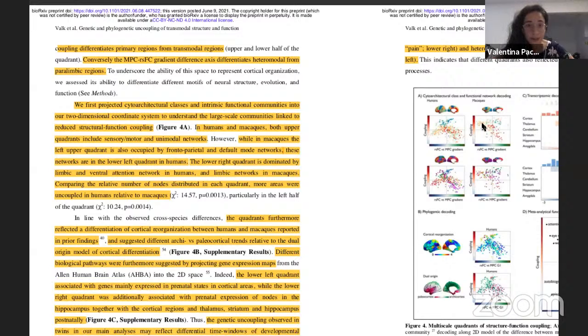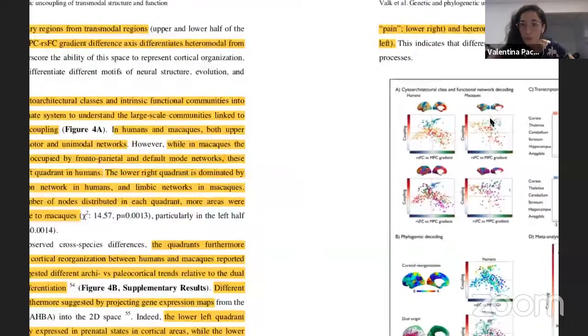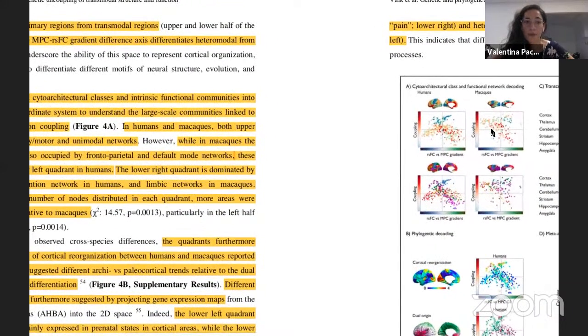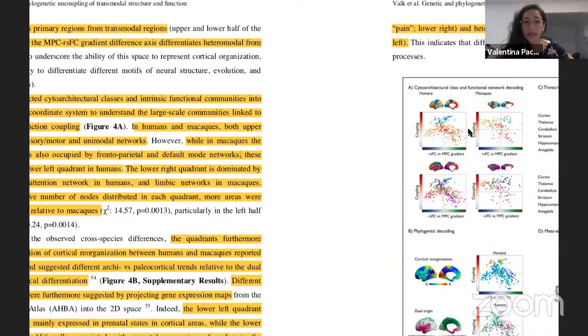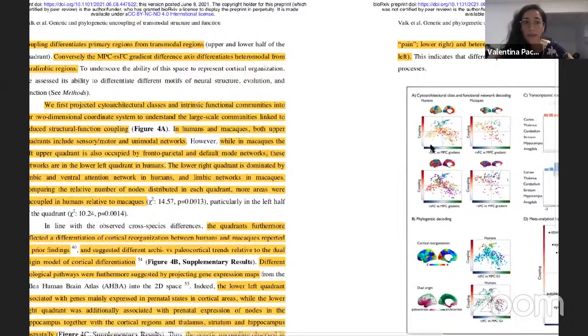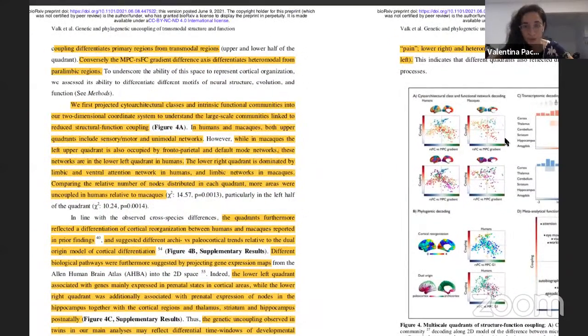But in macaques, the left upper quadrant, so this one, also contains the frontoparietal and default mode networks that are in the lower left quadrant in humans. The lower right quadrant contains the limbic and ventral attentional networks in humans, and only the limbic network in macaques.